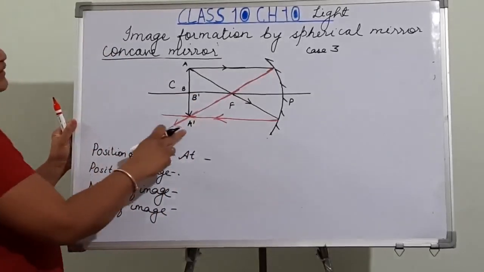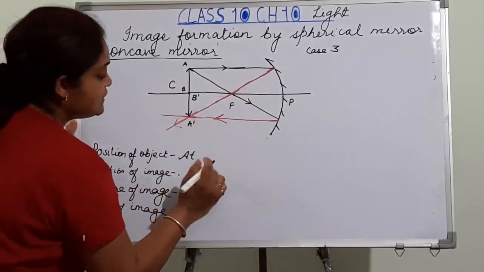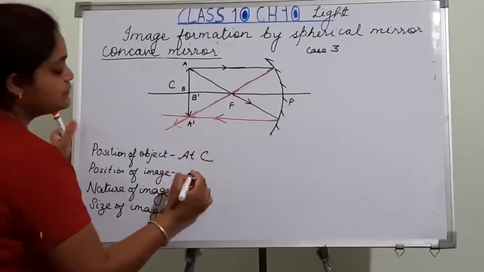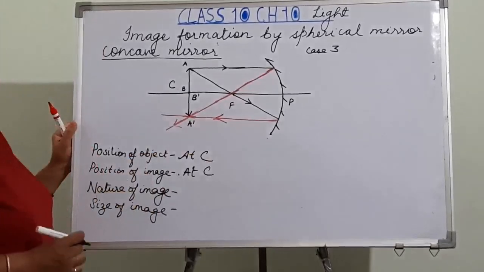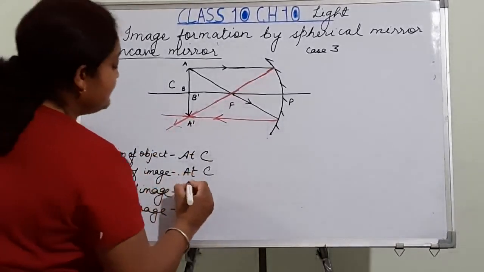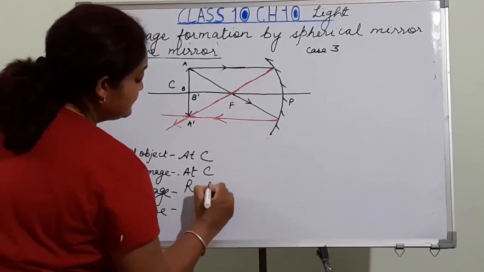So where is the image formed? It is formed at C. Position of object is at C. Position of image is also at C. Nature of image, real and inverted.